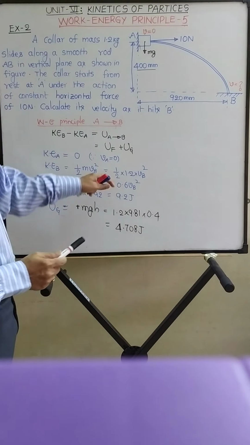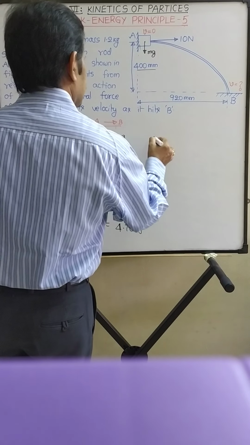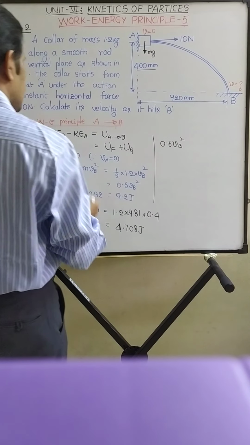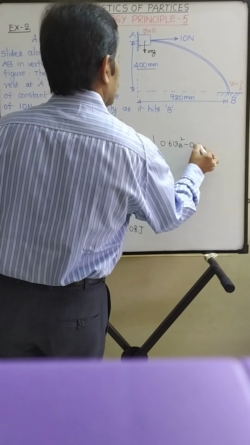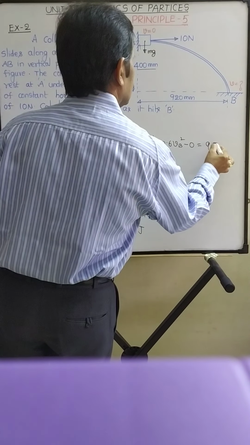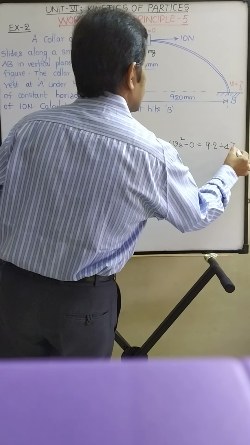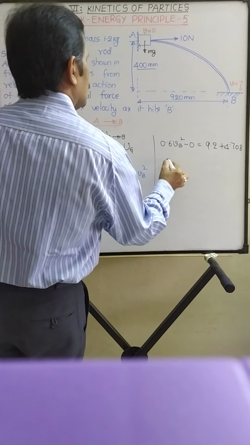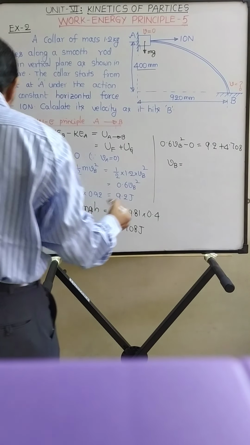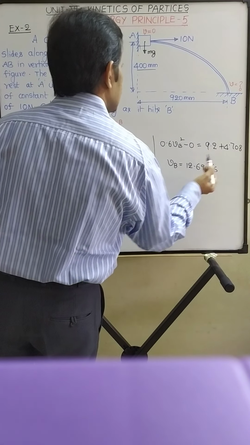Right. Now putting the values in the work energy principle, that is kinetic energy at B, 0.6 VB square, kinetic energy at A is 0, is equal to work done by the applied force is 9.2 plus work done by gravitational force is 4.708. So solving this equation, you get VB as 12.69 meters per second.